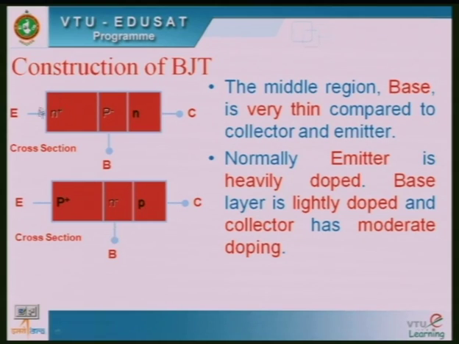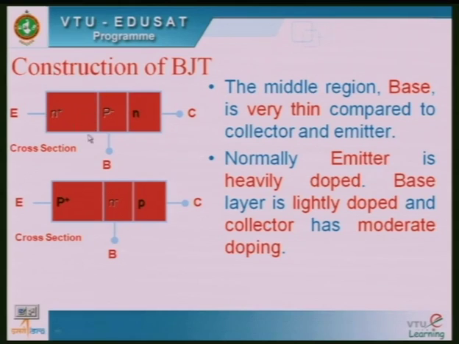This NPN transistor consists of three layers: N plus, then P minus, then N layer. As far as doping concentration is concerned, the emitter layer N plus is heavily doped, whereas the P minus layer is called the base layer and is lightly doped, whereas the N layer forms the collector of the bipolar junction transistor.